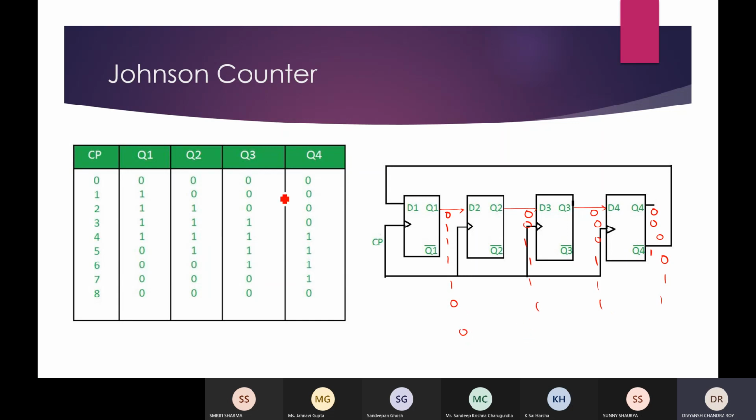This will be repeated. Here you can see the same thing. Initially my four states were 0 0 0 0, and then I will be getting 1 0 0 0, and so on.